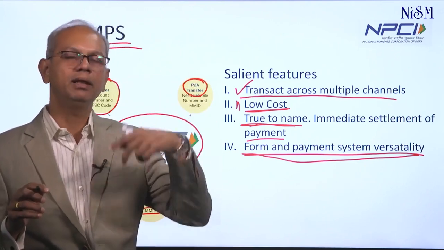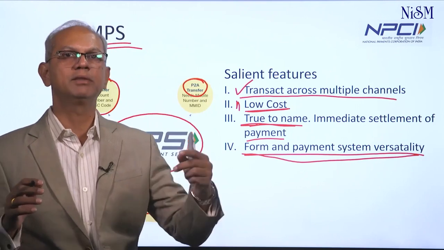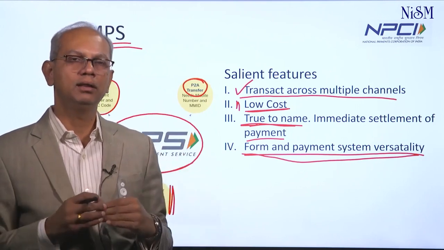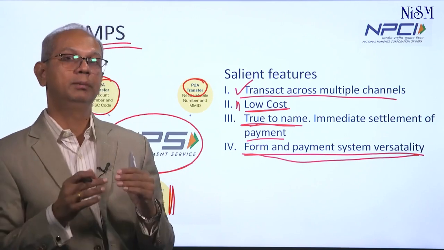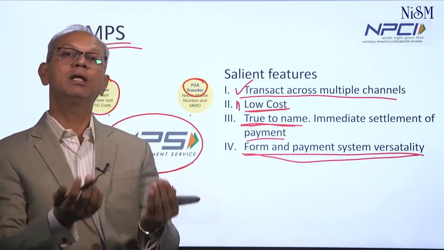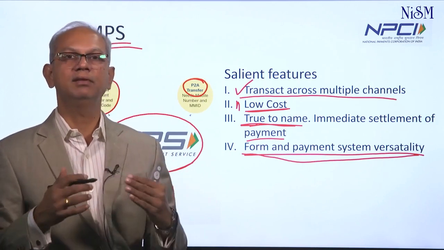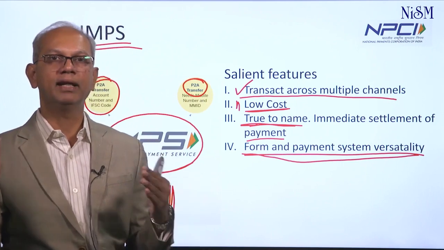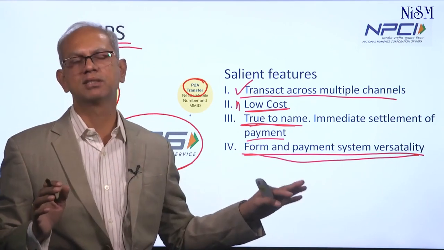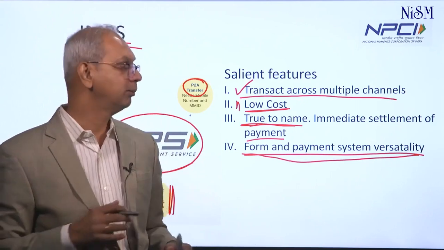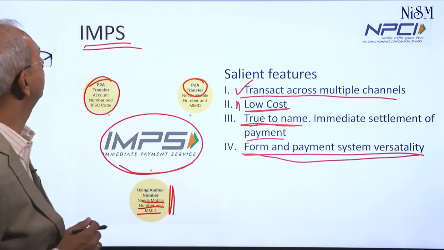If it's debited here, it's fail safe. It will let you know whether the transaction has gone through or not. If it says that it has failed, the money will come back to you. So, it's fail safe in the sense that it's not going to go somewhere else, right? The system is robust, very versatile and secure from that perspective. Yeah, so that is IMPS for you.